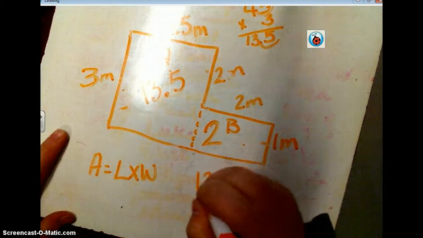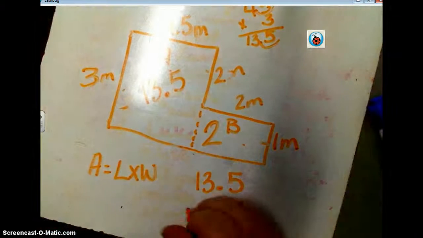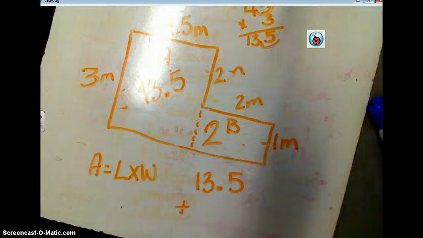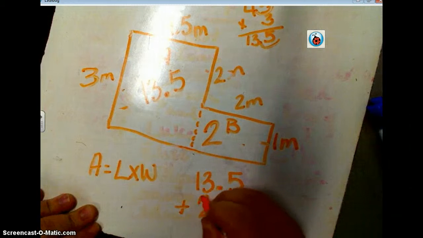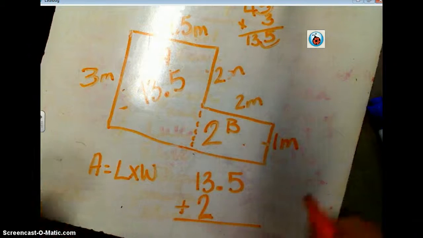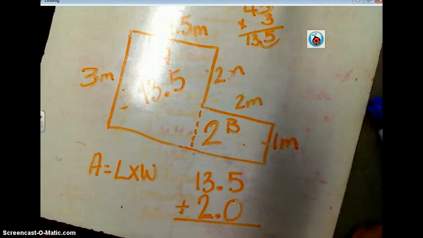So 13.5. Who can tell me where my 2 is going to go? If I'm adding this, where's my 2 going to go? Paul? Under the 3. Can you explain to the class why? It's a whole number. Okay, that would be the same as 2.0. They're both in the ones place.